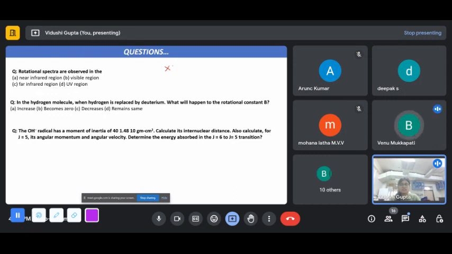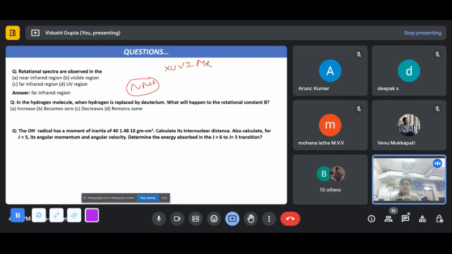Which IR? It will be far IR, because first near IR comes, then mid, and then far IR. Far IR will be observed. In the far IR region, rotational spectra will be observed.